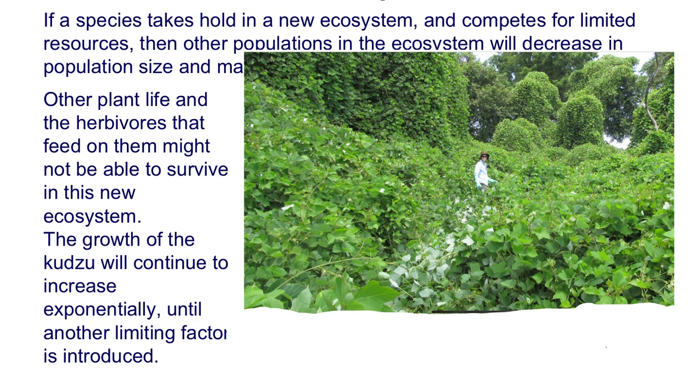And what happens is, as the producers go, the higher trophic levels that depend on the herbivores aren't going to get fed, and so basically this hurts a stable ecosystem.